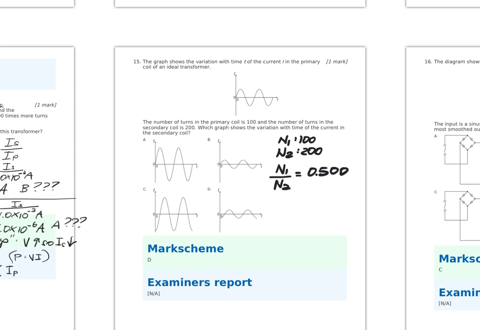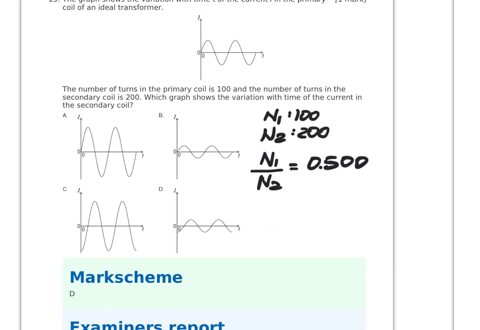Alrighty, so knowing the number of turns in the first and second coils, we get a ratio of 0.5. Remembering that N1 over N2 is voltage 1 over voltage 2, if N1 over N2 is 0.5, that must mean the second voltage is greater than the first voltage.